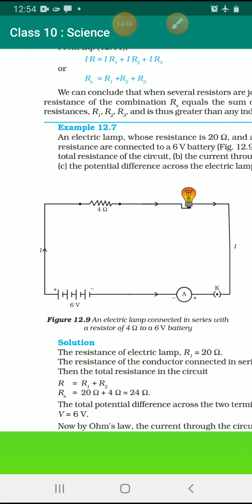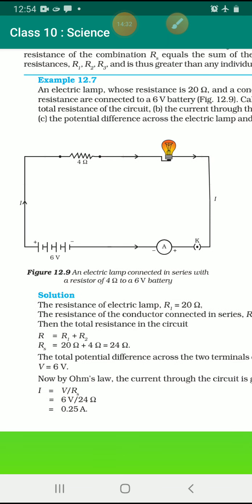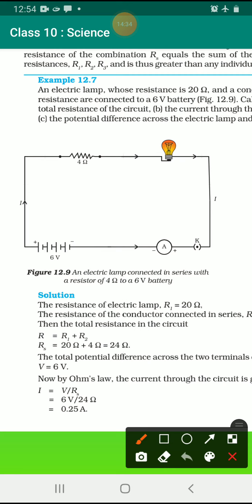Suppose here 4 ohm is given, and the bulb is 20 ohm. Suppose one more resistor, of 10 ohm, is connected somewhere else.